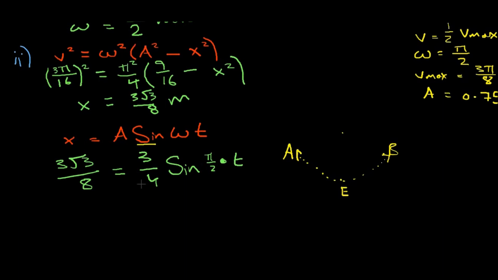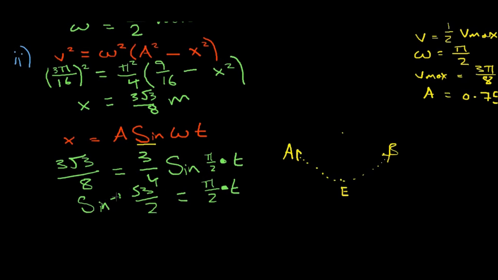And if you manipulate this a little bit, you'll get sine inverse of root 3 over 2 is equal to pi over 2 t. So pi over 2, once again, is the angular velocity omega.